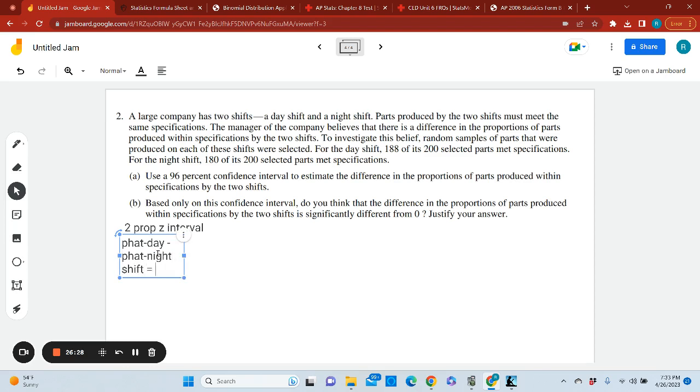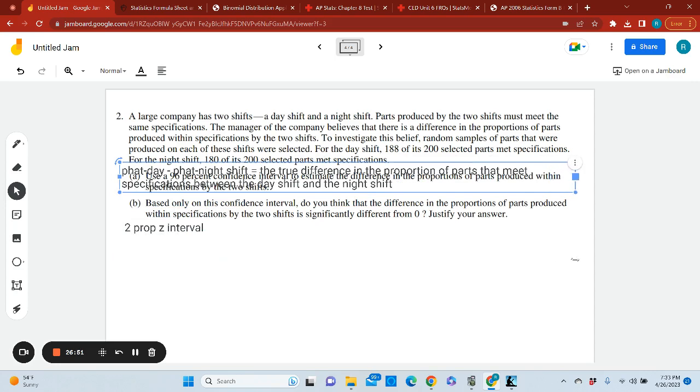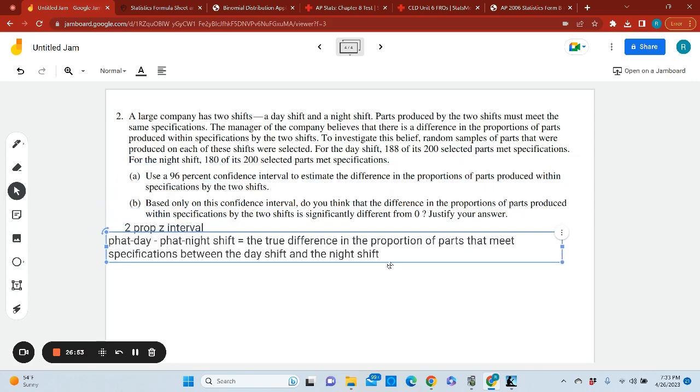which is going to be equal to the true difference in the proportion of parts that meet specifications between the day shift and the night shift. Okay, so I'll pull this out and move it down, right?